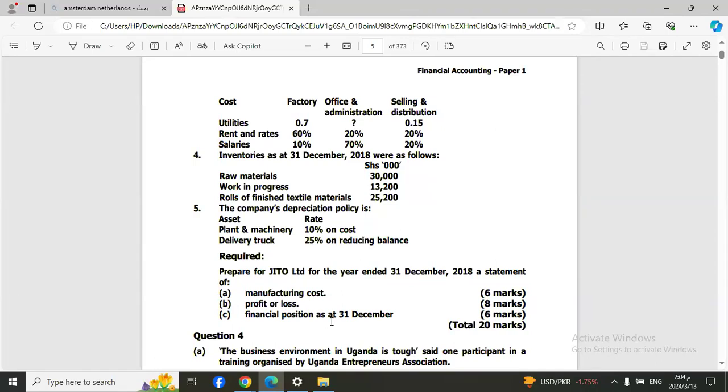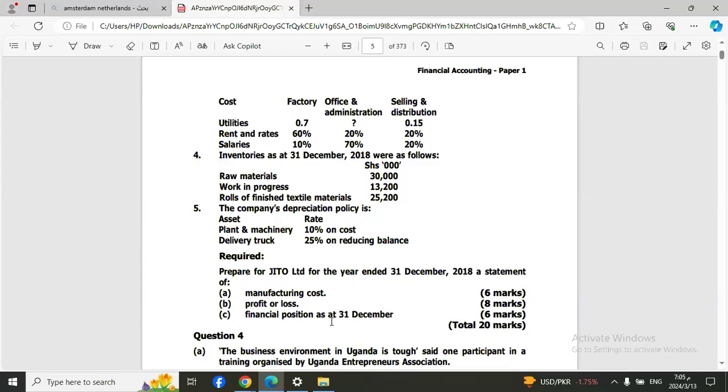So we are going to go on and do that. I told you the moment you know a number and you've seen the required, you exactly know what should be included. First of all, we've seen the contents of a manufacturing account. We need to look for the prime cost.